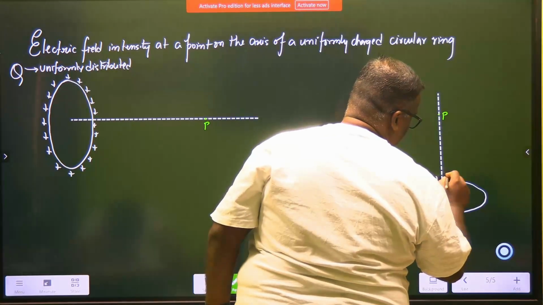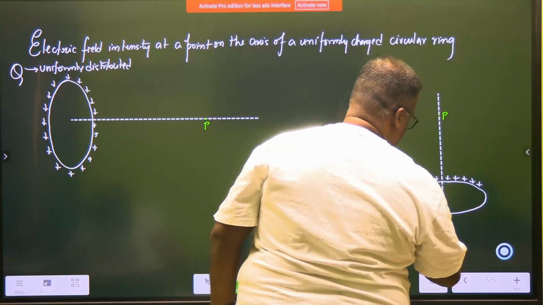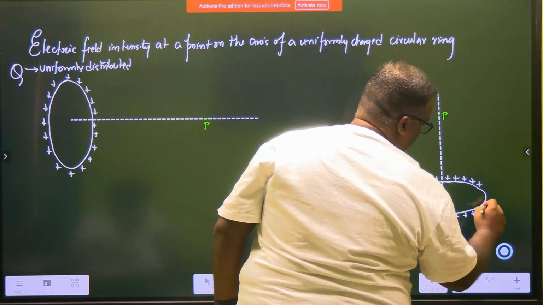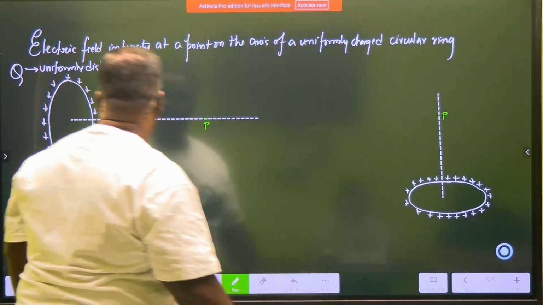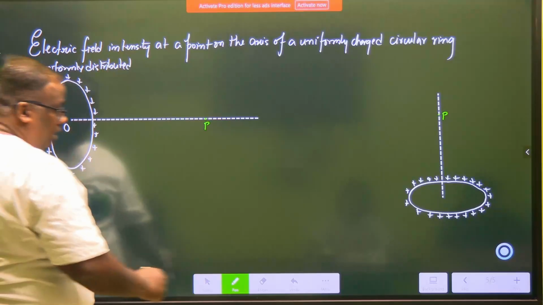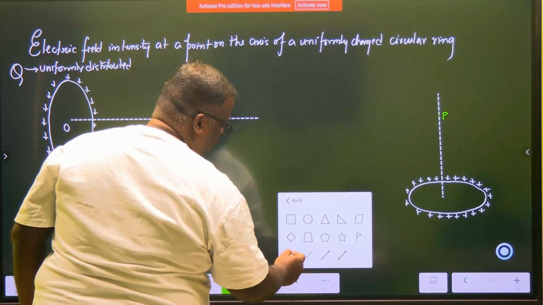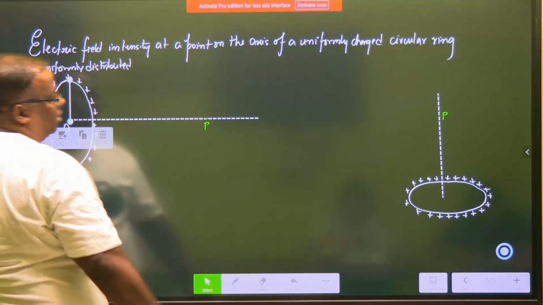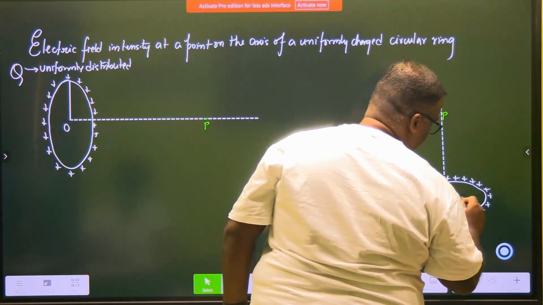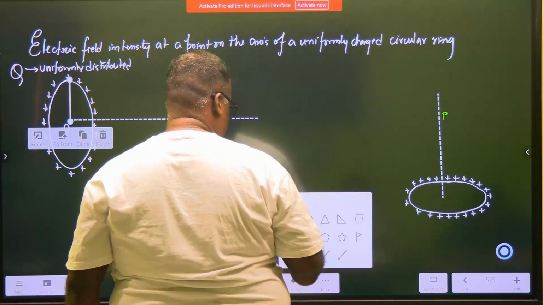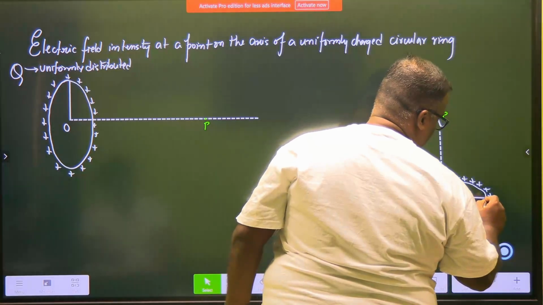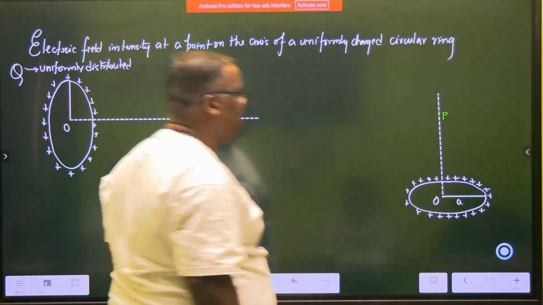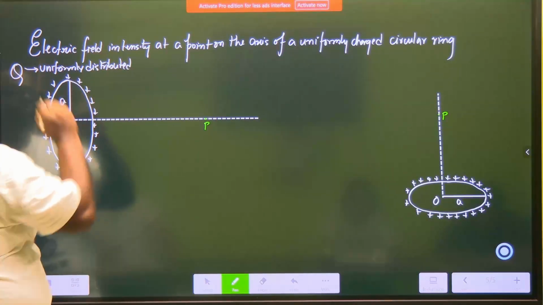Why should you make this ring unhappy? Fine. The ring has a center O and the ring has a radius given by A. So this is O and this is A. Clear?